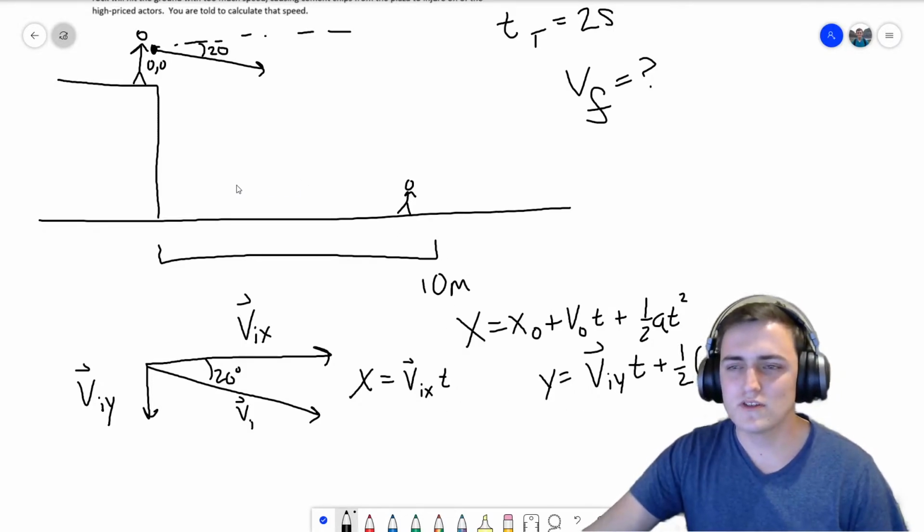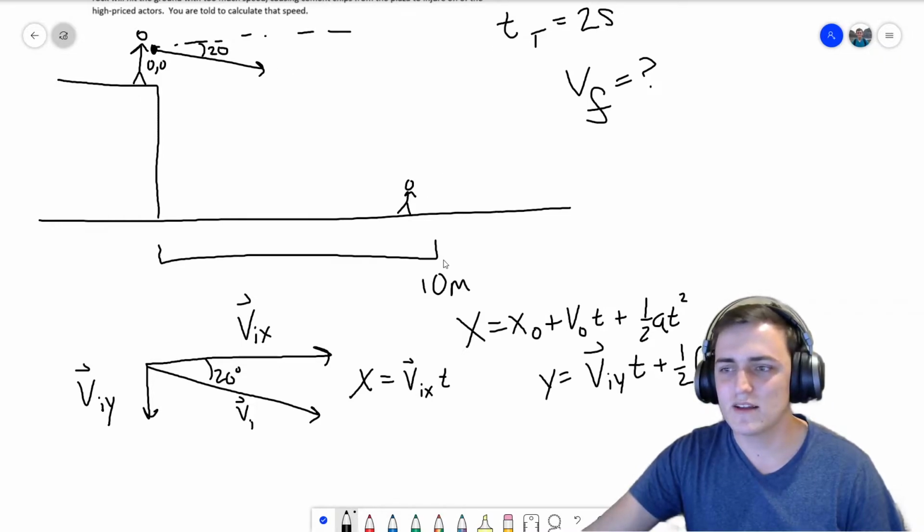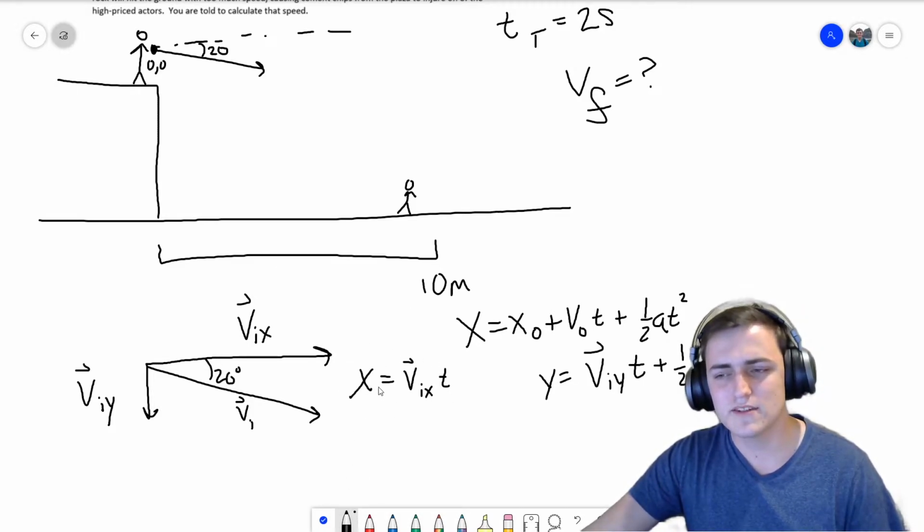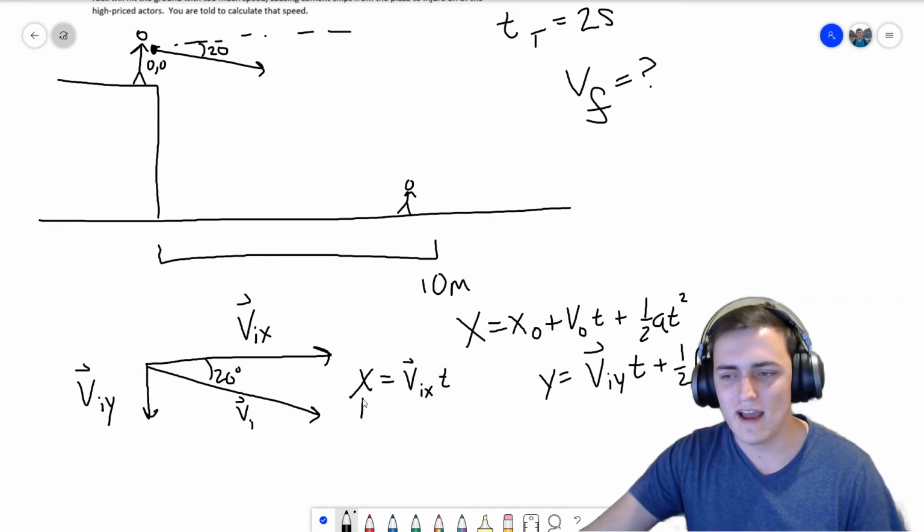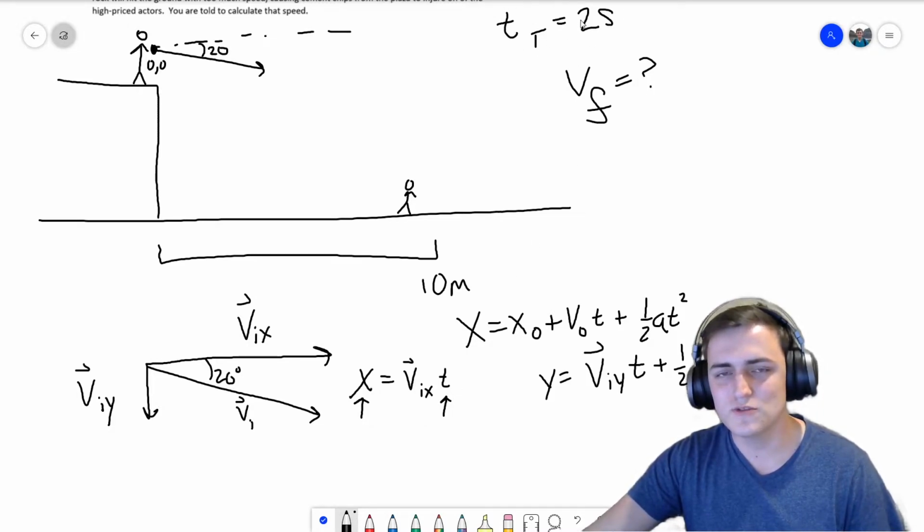Well, let's go back to our original problem. We had 20 degrees, time of 2 seconds, and an x of 10 meters. That was what was given to us. And if we look at our first equation here, we see that x equals v initial in the x direction times time. Well, at t final, at 2 seconds later, the rock is 10 meters away.